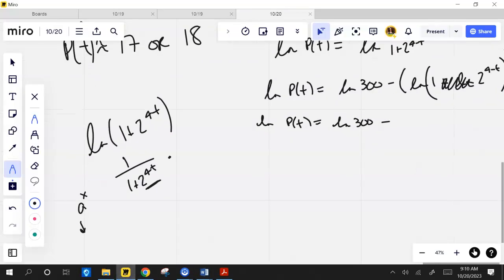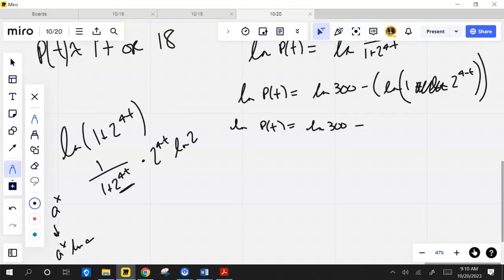So the derivative of a to the x, remember, is a to the x times log of a. So this would be 2 to the 4 minus t ln 2, but then I've got to chain again because this has got a function. You see what I'm saying? Should be a double chain.